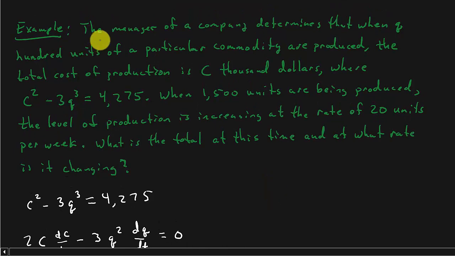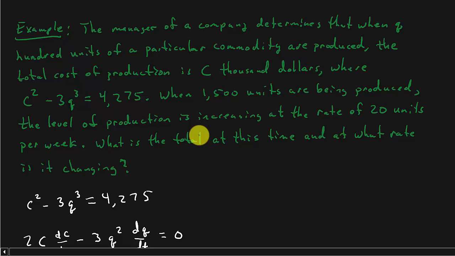It says the manager of a company determines that when Q hundred units of a particular commodity are produced, so Q represents the number of units, the total cost of production is C thousand dollars, where C equals that. When 1,500 units are being produced, the level of production is increasing at the rate of 20 units.